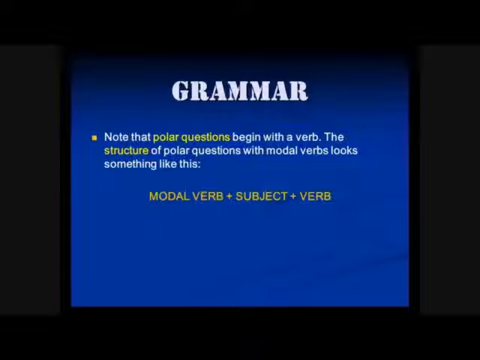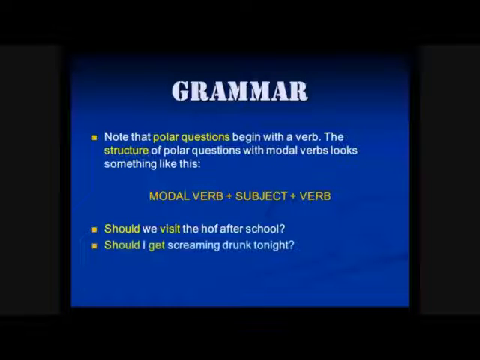Modal verb plus subject plus verb. Example: should we visit the Hof after school? Should I get screaming drunk tonight? Should she kill her boyfriend tomorrow?